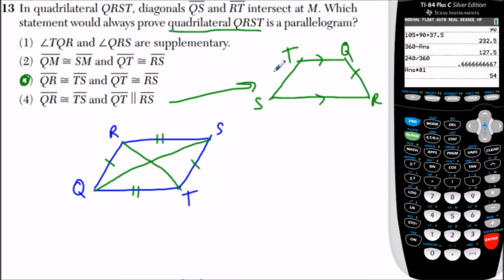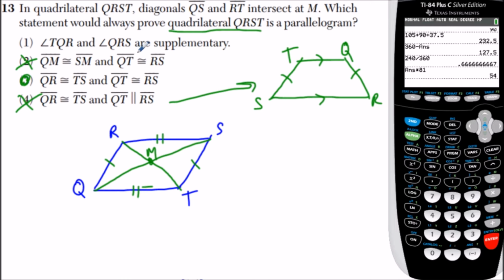And you could go through a similar argument for the other ones here. Like if you call this point M, QM is congruent to SM, QT is congruent to RS. One thing we could use to prove a quadrilateral is a parallelogram is that the diagonals bisect each other, but that's not modeled by this. And then we have TQR and QRS are supplementary, but this shape also models it.